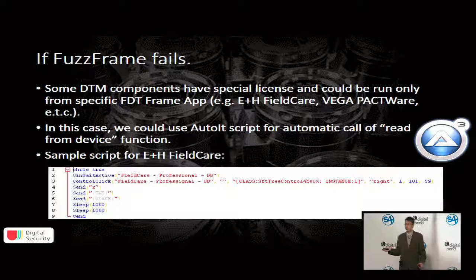What we need to do is just write simple scripts. The script language of AutoIt is based on BASIC, so it's easy. You can see an example AutoIt script for Endress+Hauser on the screen. Of course, in this case we are fuzzing a frame application too, but we have no choice, because breaking the license is not very good, I think.